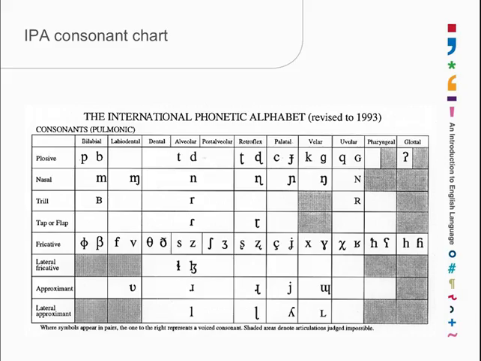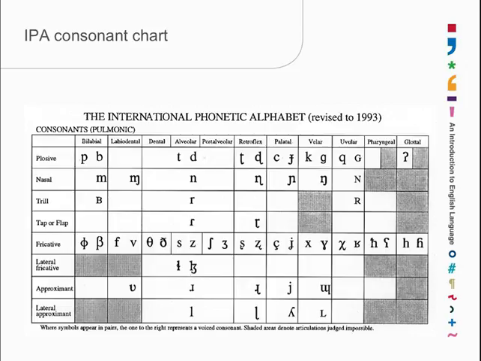Well, the IPA, as we saw, has ways of indicating all of this, and so it has a consonant chart. The consonant chart is in the Kuiper and Allan textbook, so have a look at it in there. There's a lot more sounds there than are used in English, but you can try them all out.